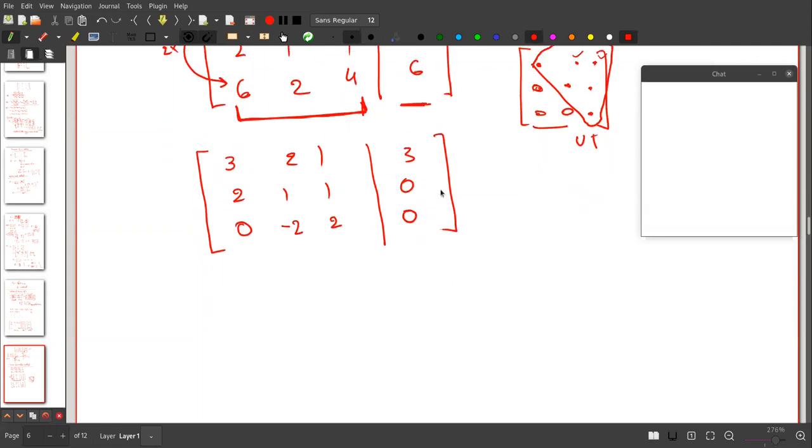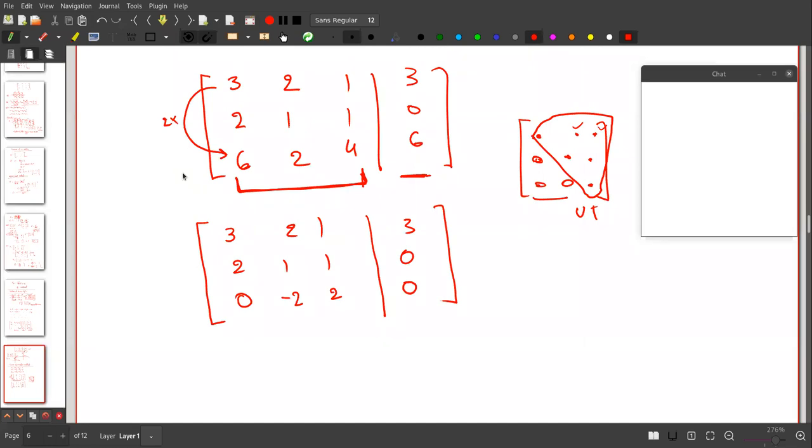I'll tell you what I want to do. I want to make it in the upper triangular form. So how do we do it? We take this element and multiply it with something to subtract from this one, and multiply with something to subtract from this one, to make these two elements zero.